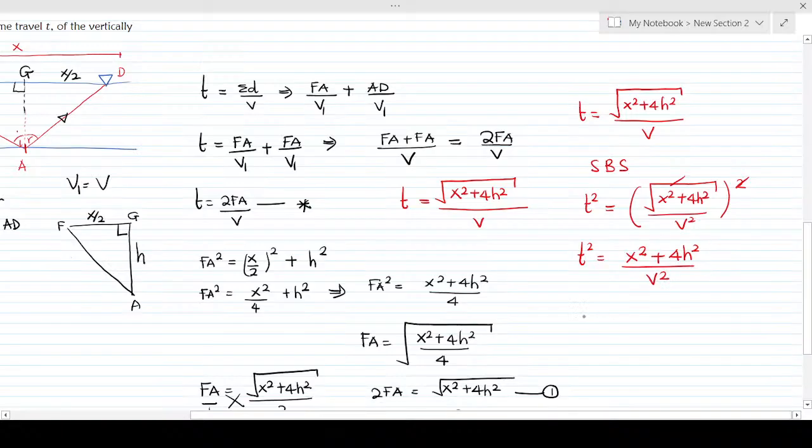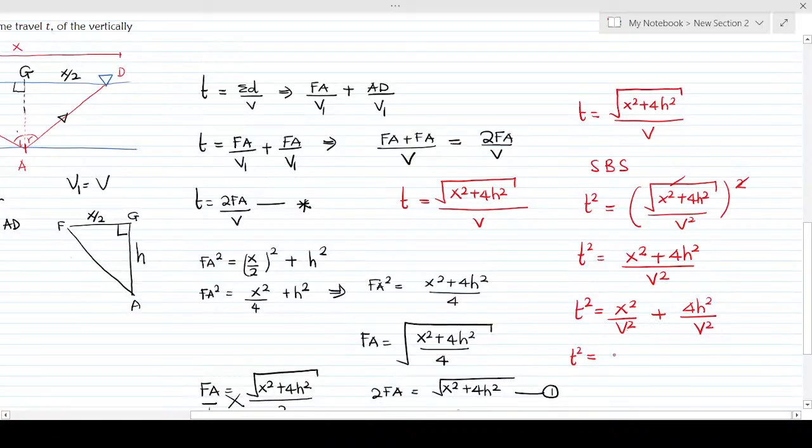So with this, I can continue and say T squared is equal to x squared over v squared plus 4a squared over v squared.